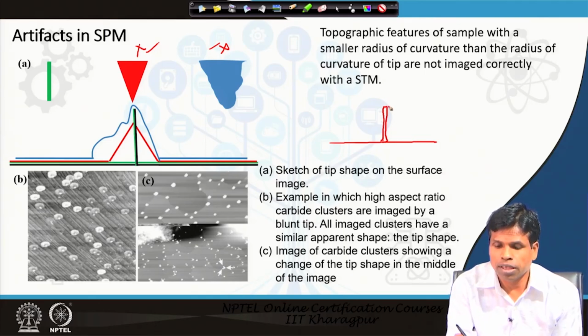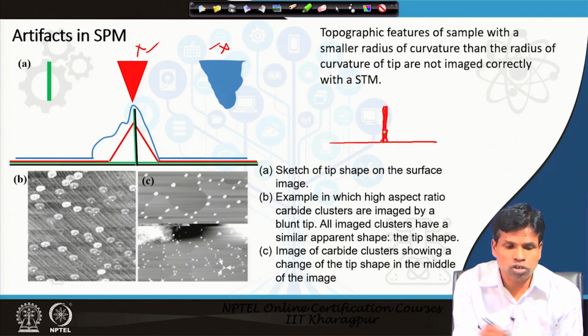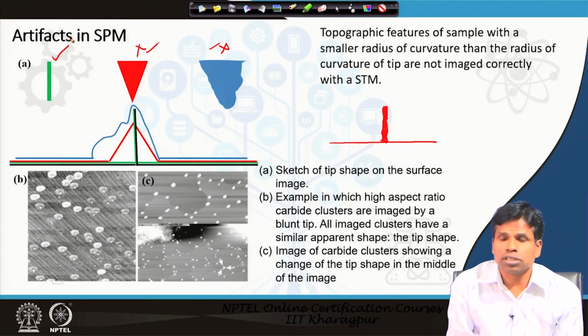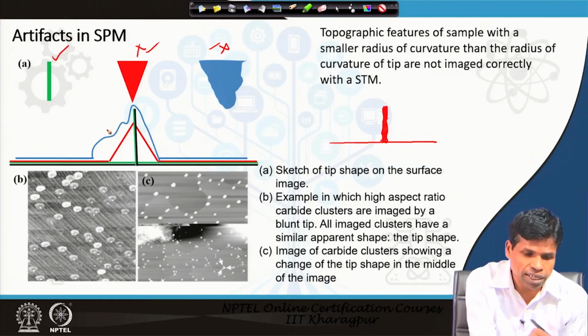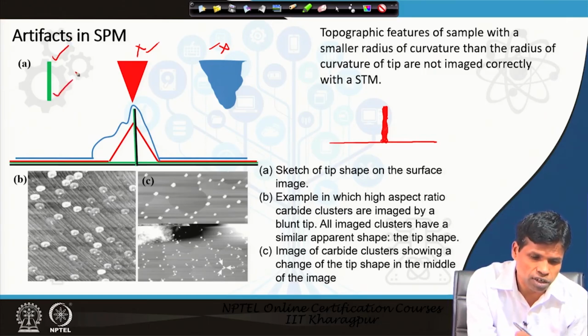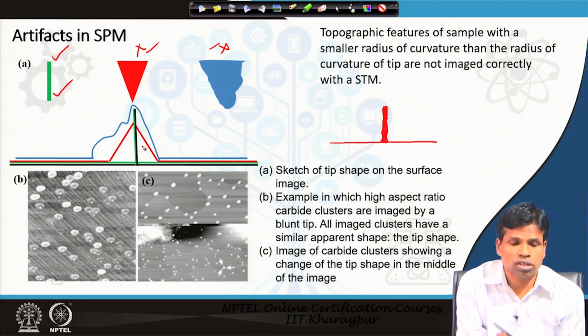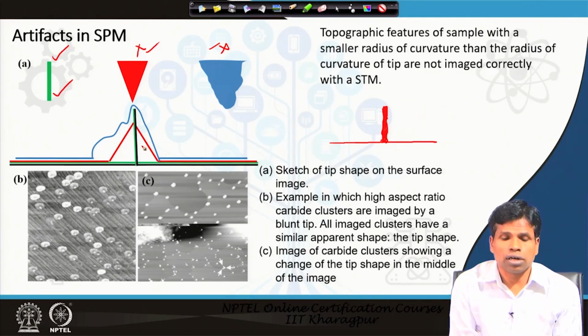Aspect ratio is the ratio of the height to the width or thickness. So, if we choose a tip suited to one-dimensional features, then only it can give a correct image, like here by using the tip of green color, we can get an image of the one-dimensional feature using the STM.